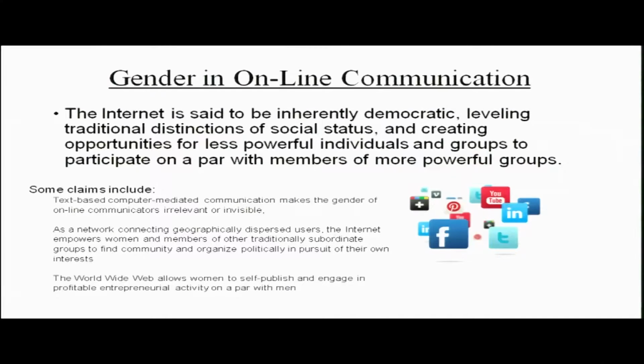And as a network connecting geographically dispersed users, the internet empowers women and members of other traditionally subordinate groups to find community and organize politically in pursuit of their own interest. Finally, we see the World Wide Web, which allows women to self-publish and engage in profitable entrepreneurial activity on par with men.